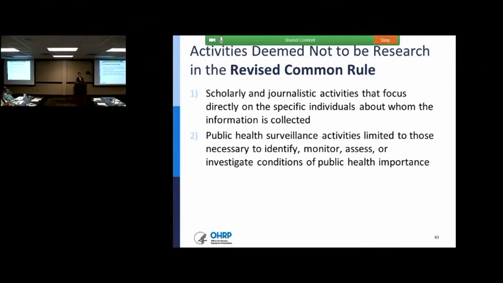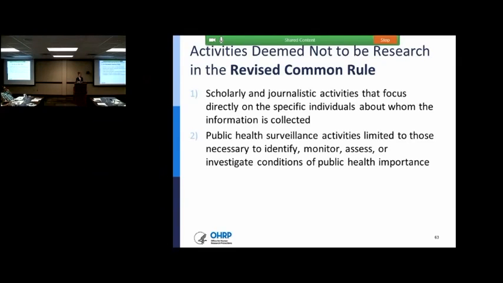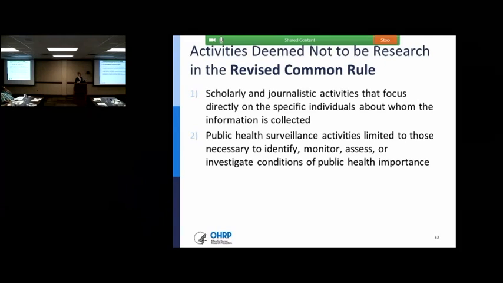So if an organization that was a public health authority collected data for these particular specific reasons, but then down the road wanted to come back and do some kind of secondary research study using that information, looking at maybe environmental factors or some kind of study much more general in scope than what's specified, that would be considered research, right?